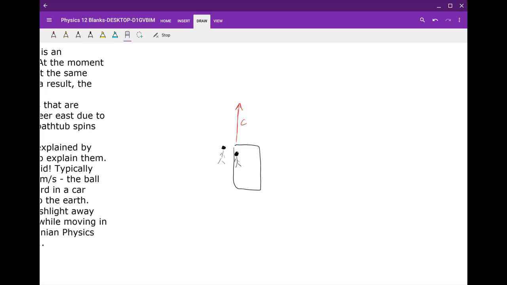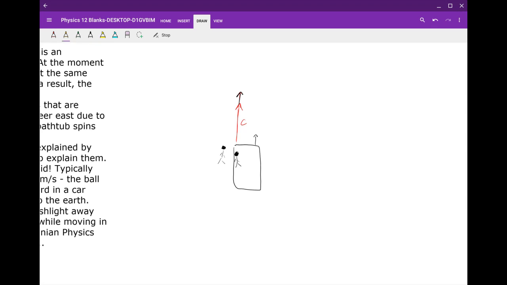Now this other guy, don't forget, the car itself is moving at some other velocity. So this guy says, I see the light, and in my opinion it's moving at the speed of light plus the speed of the car, because the light emerged from the car while it was moving from my perspective.